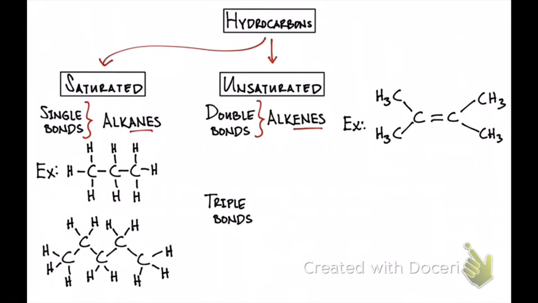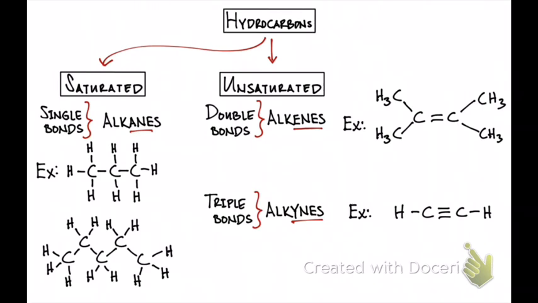And unsaturated hydrocarbons containing triple bonds are known as alkynes. And so the suffix ends in yne. So again, the chemical names of all alkynes will end in yne. Here's an example of an alkyne.